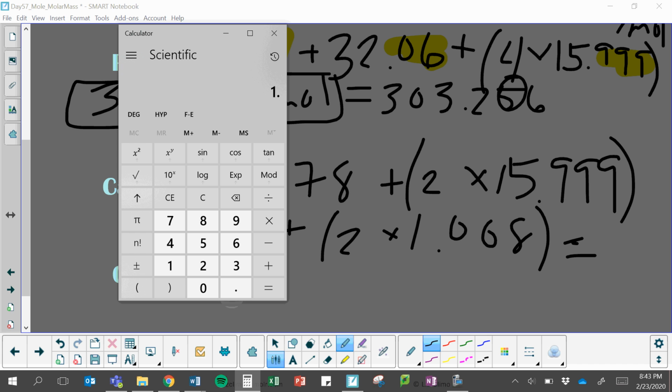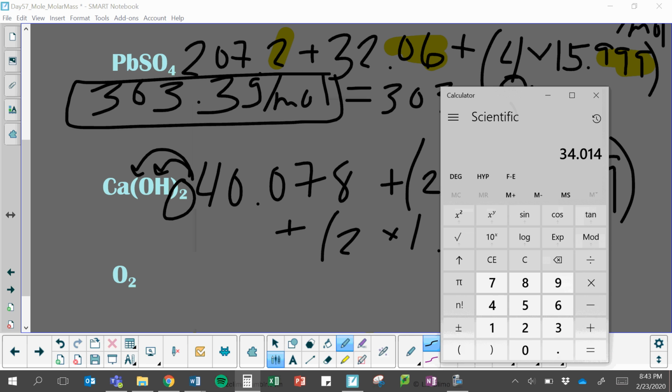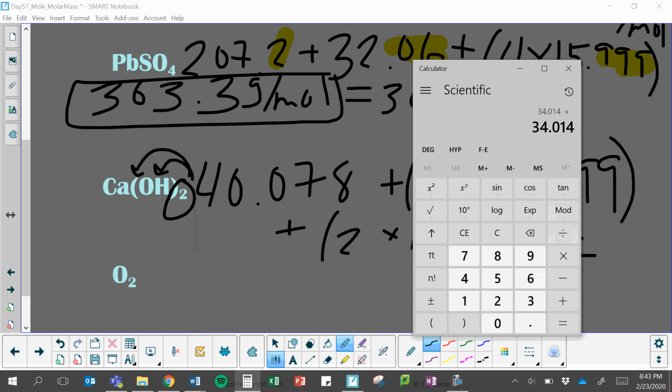I'm going to do 1.008 and add our 15.999, and then do that whole thing times 2, plus our calcium, which is 40.078. Oops. Let me try that again.